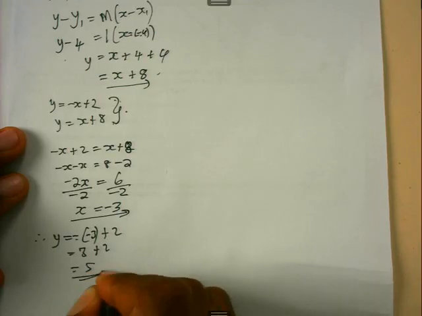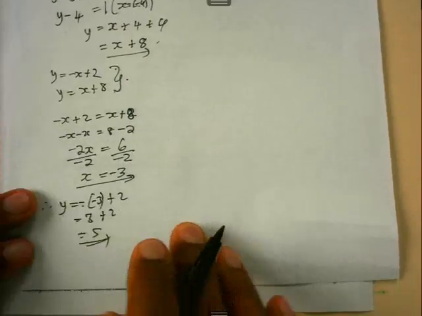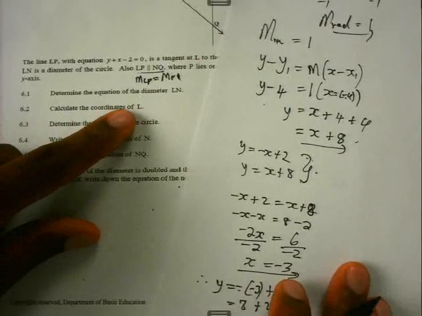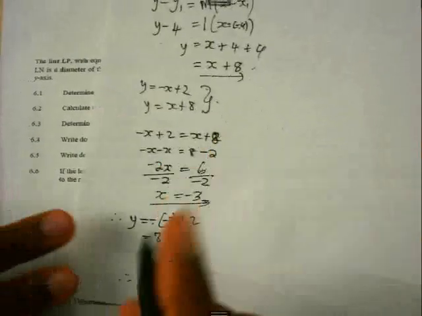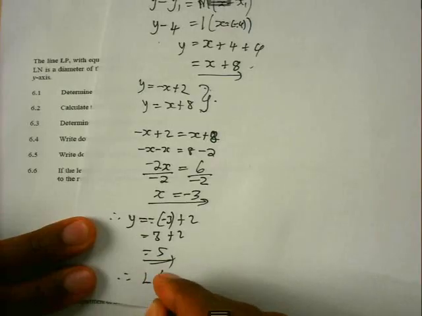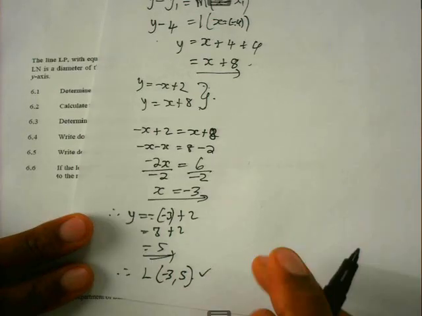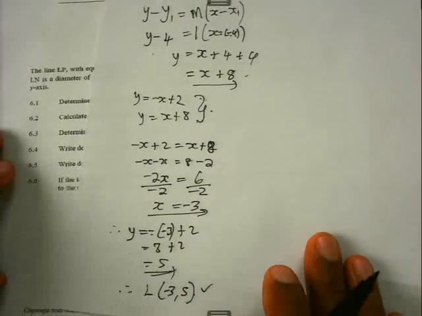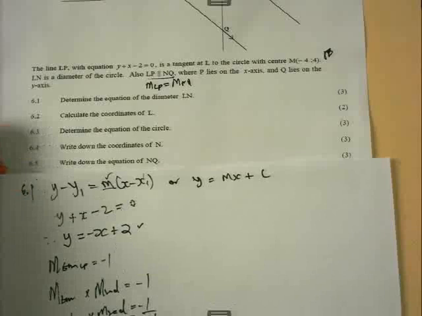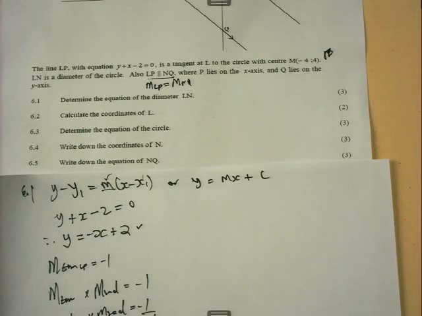Therefore, the answer is 5. Of course, now the question said you must determine the coordinates of what? The coordinates of L. Then the answer will be the coordinates of L there, it's minus 3 as well as a positive 5. Now we have the coordinates of L.